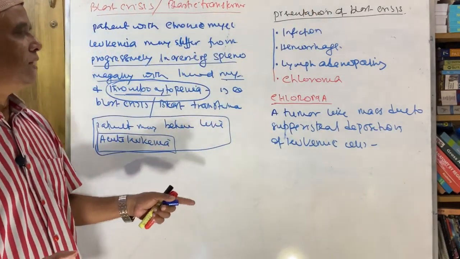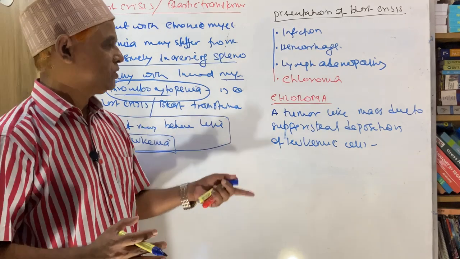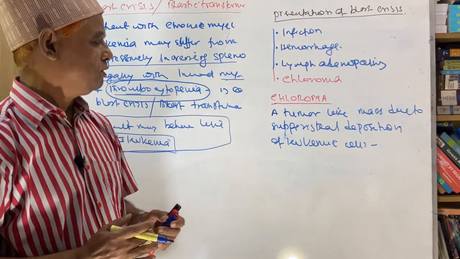So chloroma is a tumor-like mass due to subperiosteal deposition of leukemic cells.